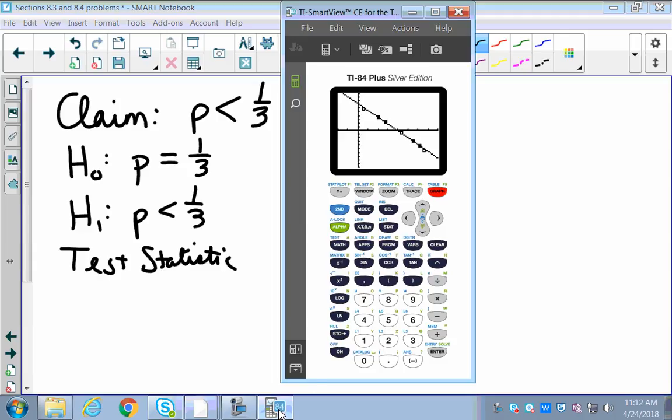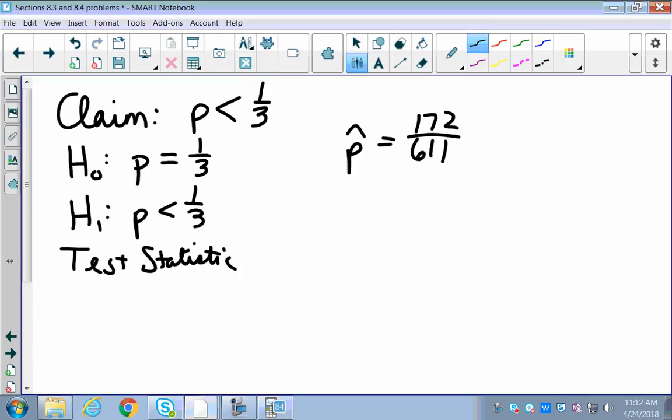What does that come to? 0.282. 0.282 is P hat.